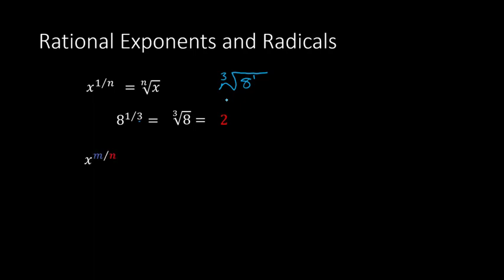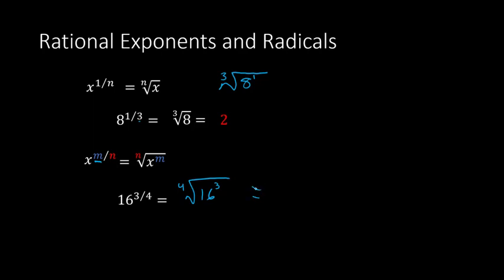All right, and here we see if you have something other than 1 in the numerator, still the same process. So for example, if you had 16 to the 3/4 power, again, the 16 would go on the inside, the 3 goes with the 16, and the 4 would go out here. So we have the fourth root of 16 to the 3rd power.